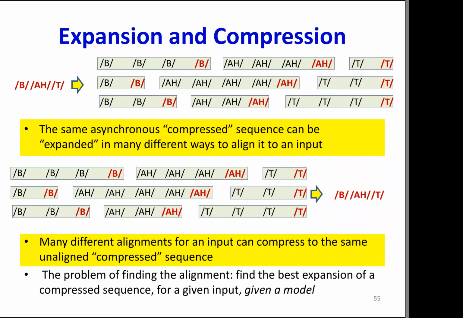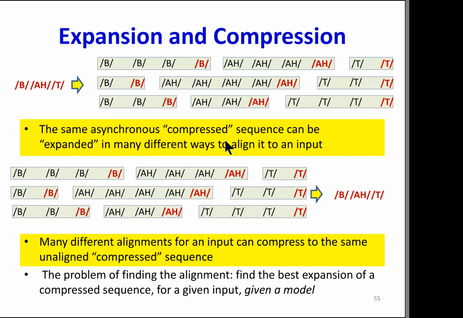There are many ways of converting an order synchronous sequence to a time synchronous sequence. Similarly, a time synchronous sequence can be collapsed by removing repetitions into an order synchronous sequence. So I will call this an expansion of an order synchronous sequence, and this I'm going to call a compression of a time synchronous sequence.